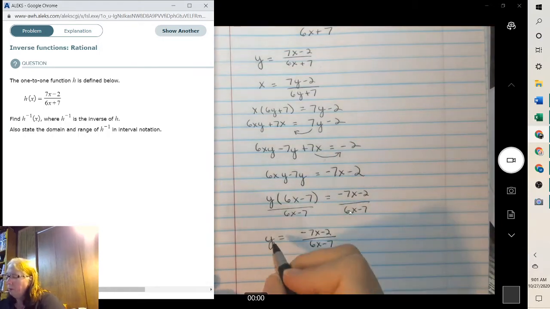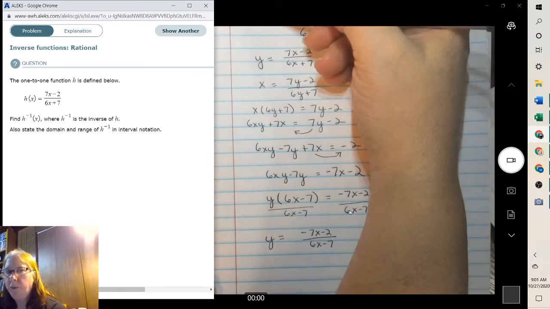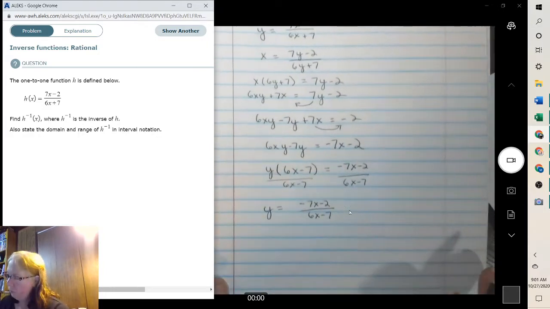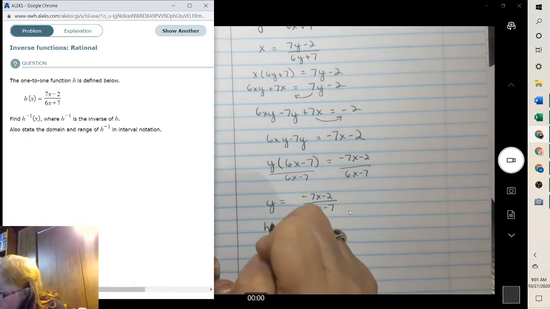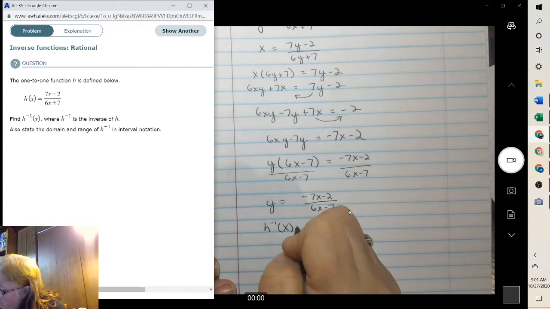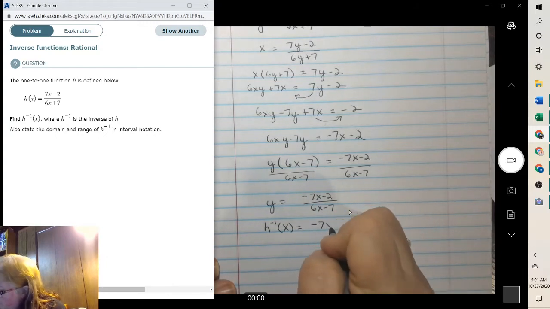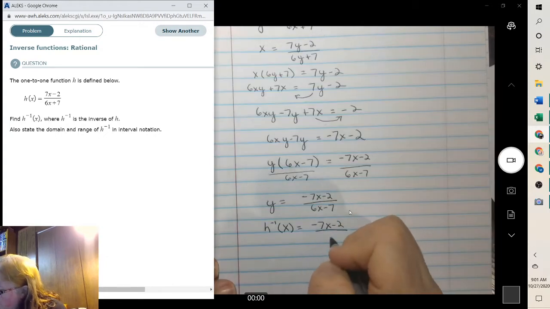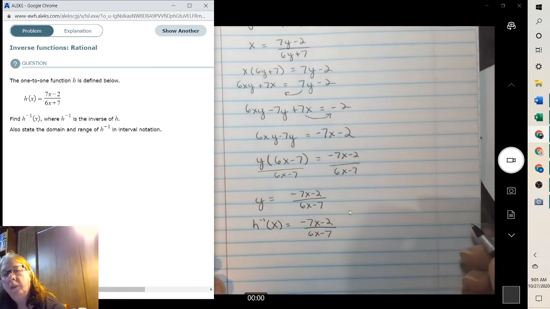There we go. And so then we change this to, since we're using h now, h inverse. There we go. So that's our inverse.